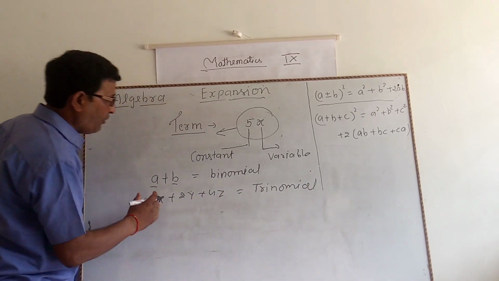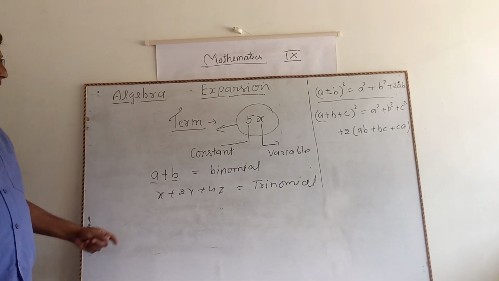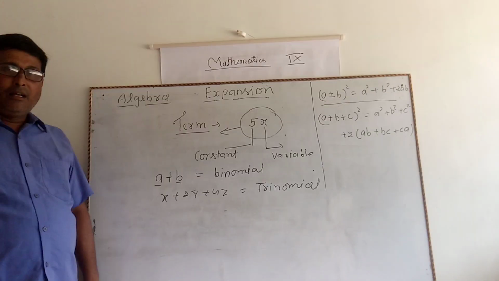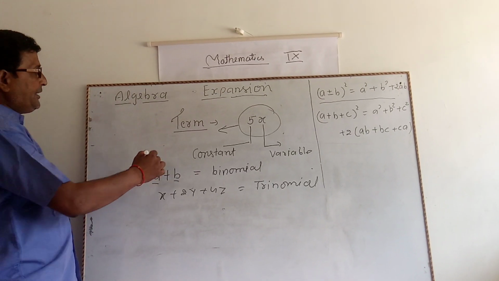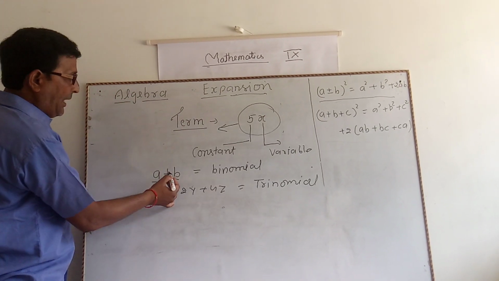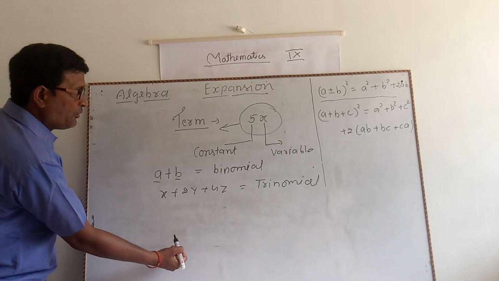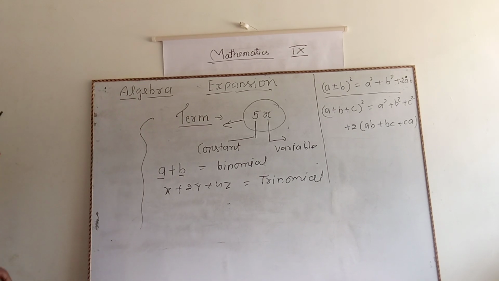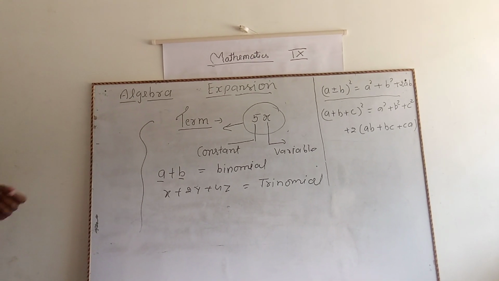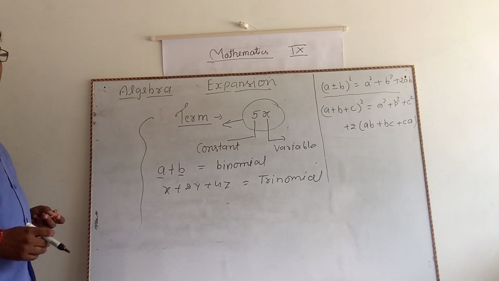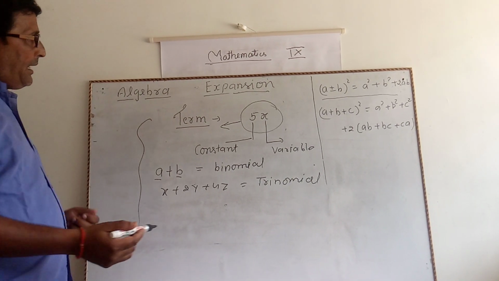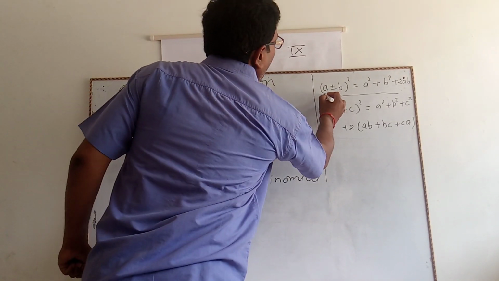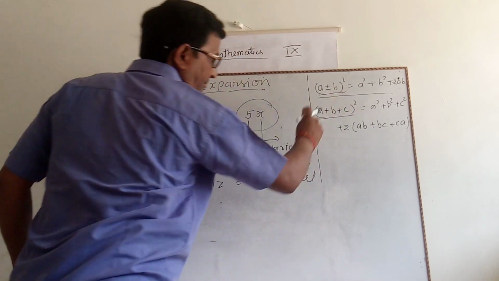If it has more than 3 terms, then it is known as a multinomial. Monomial, binomial, trinomial, multinomial, all are known as polynomial. In the first chapter exercise, we will study the powers of binomials and trinomials.